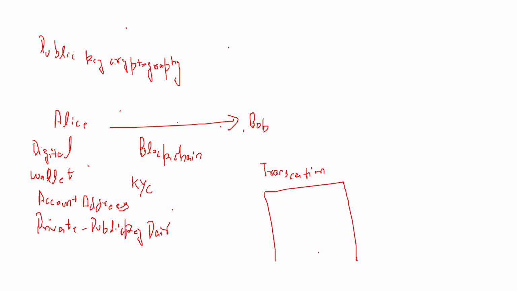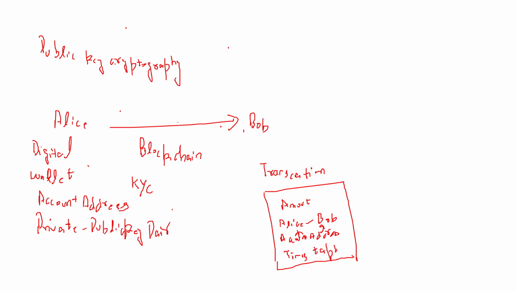The transaction details involve the amount that is being sent from Alice to Bob, the account address of Alice and the account address of Bob, and it also has a timestamp.